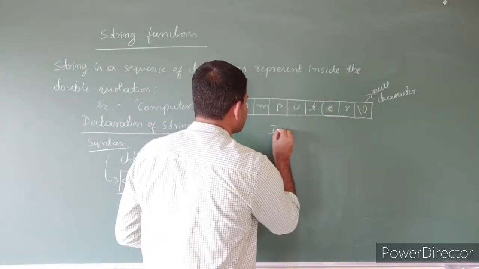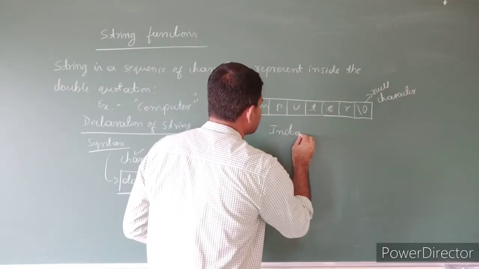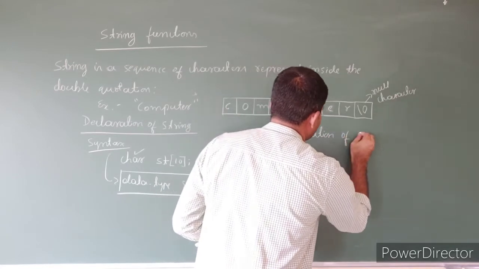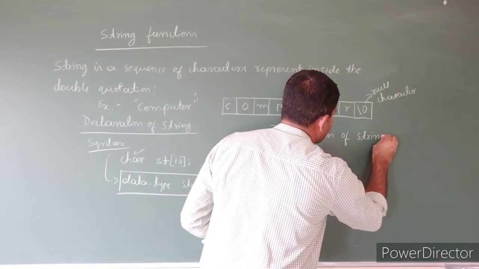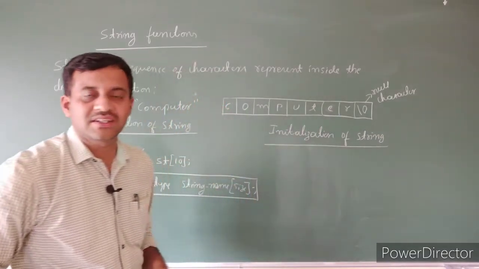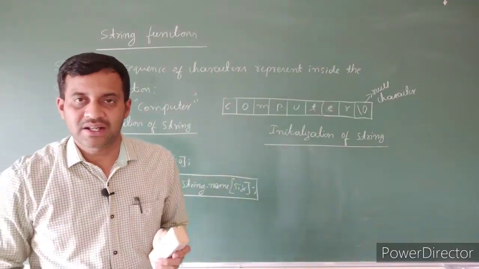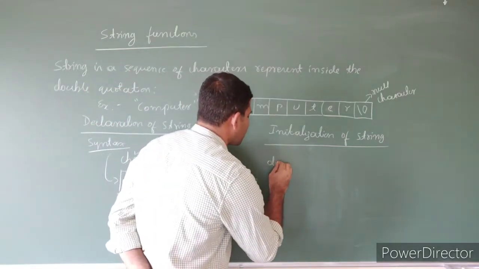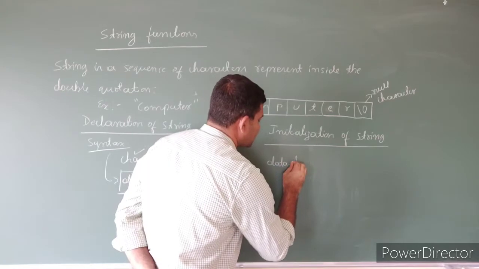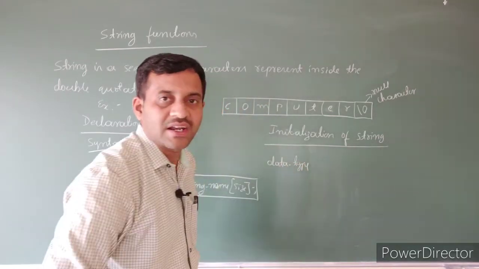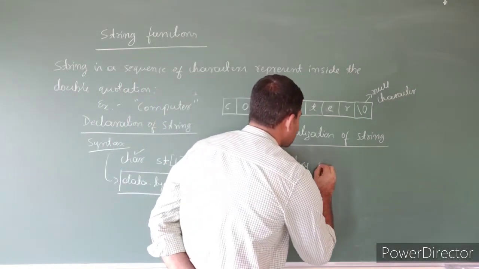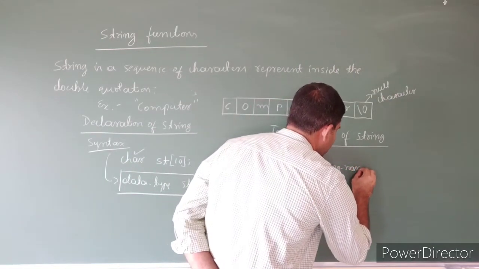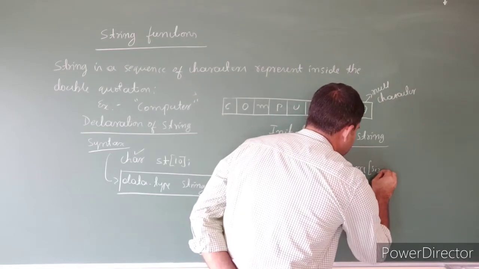Before initializing, a string must be declared. After that we have to initialize. See the syntax. Data type: in a string, the data type is always character type. Then the name of the string, that is the string name, followed by the size.